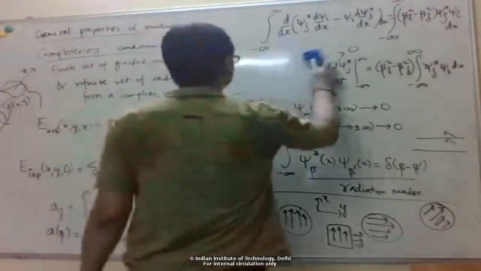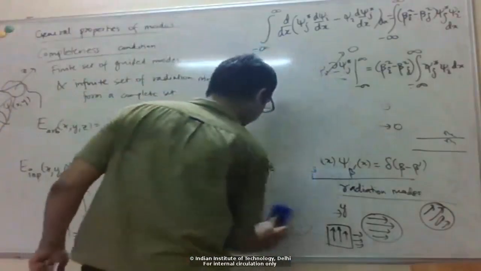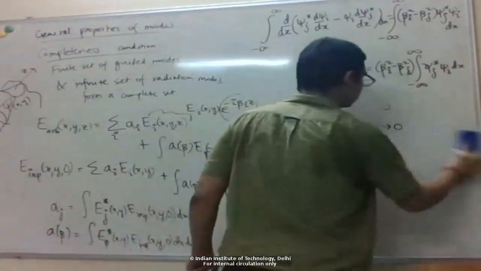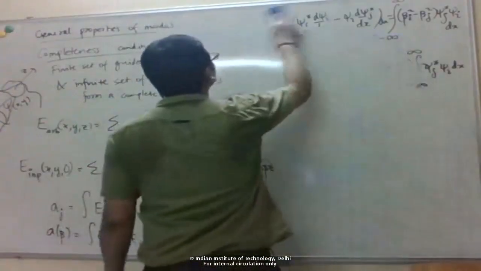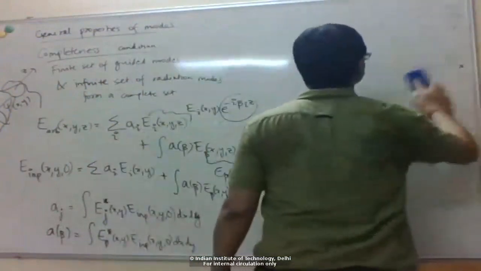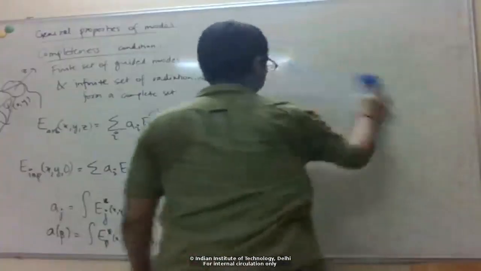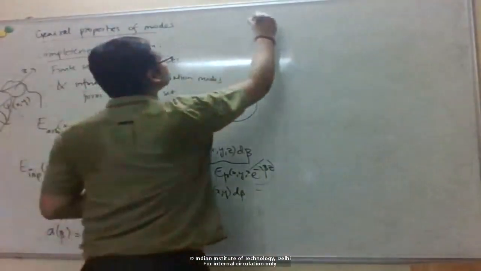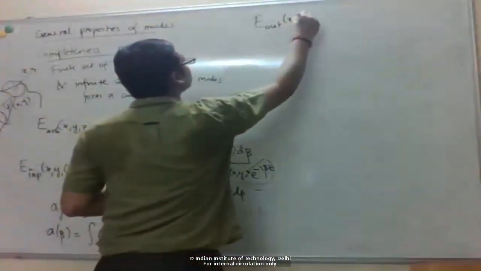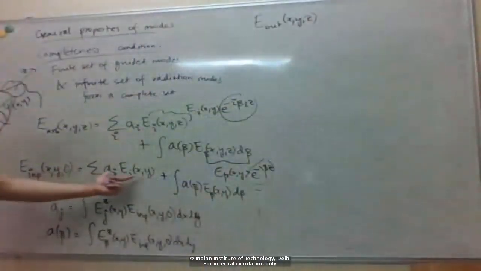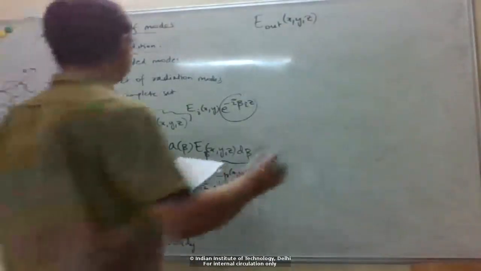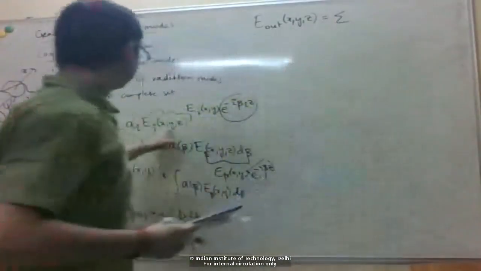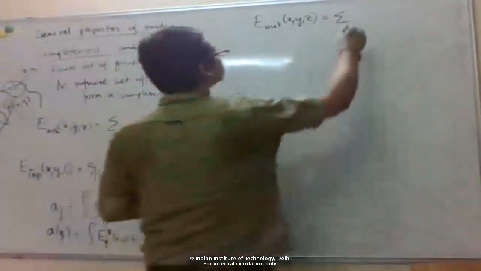So after propagation distance z, my output field profile I can write just by multiplying the phase factors here. Right? So basically, it looks something like this.